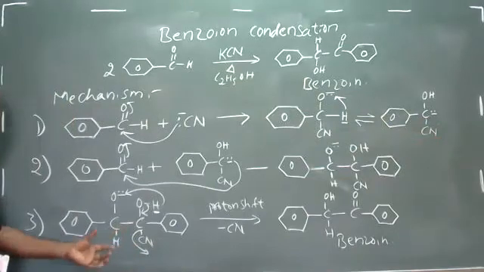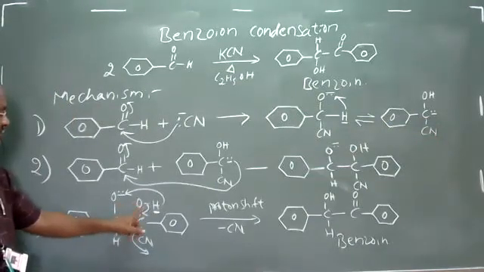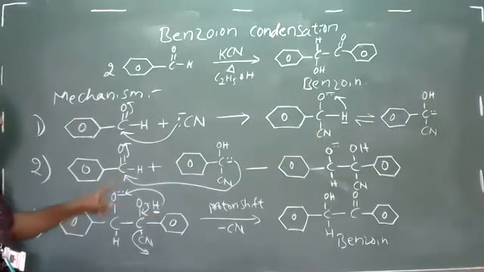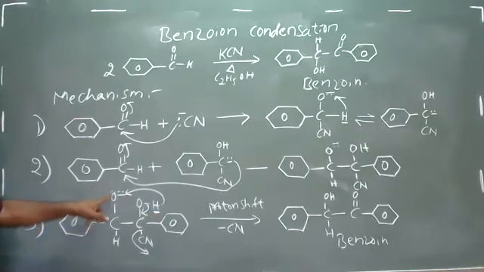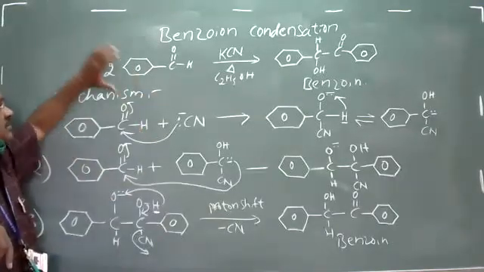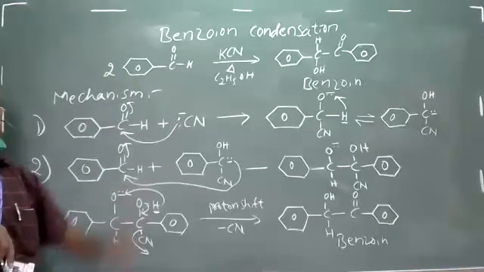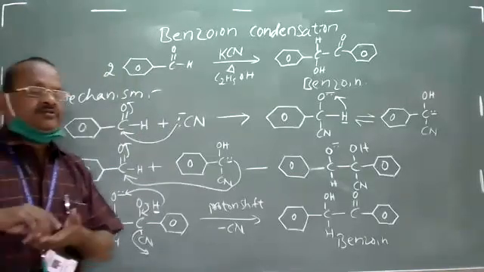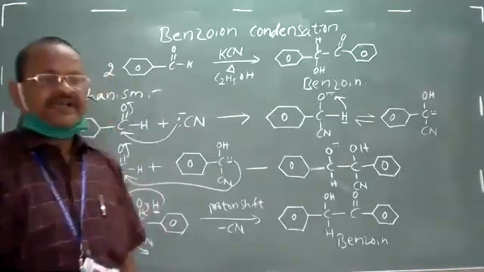And in the third step, it is shifted from the oxygen of one carbon atom to another oxide ion, another oxygen. So that's how the proton shift takes place. And this particular mechanism is called the proton shift mechanism or nucleophilic addition plus proton shift mechanism. This is called benzoin condensation. Clear? Go through this. Thank you.